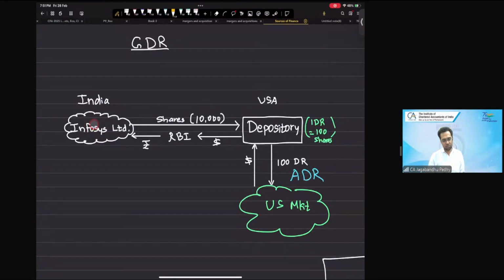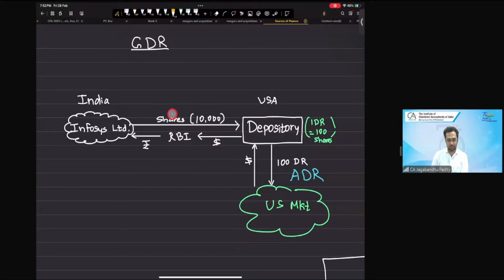If Infosys wants to list its shares in the US market directly, the Infosys directors just take 10,000 shares to the market, stand on Wall Street and shout that shares of Infosys are available at so and so price, and those who are interested can buy it. Are the US investors going to buy the shares of this Indian company?